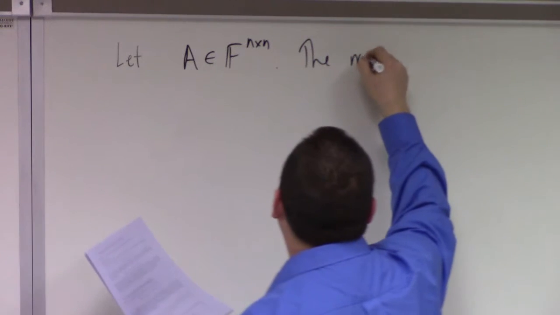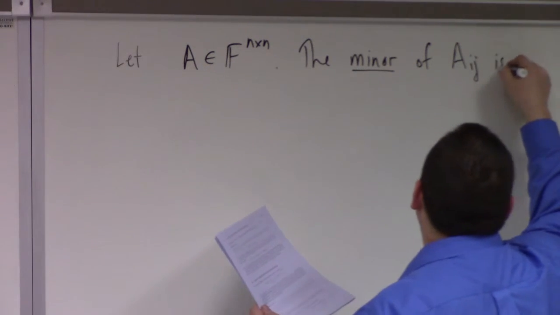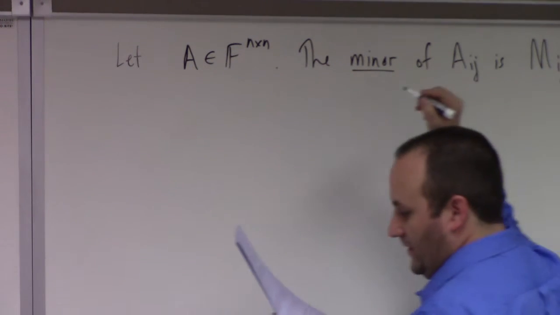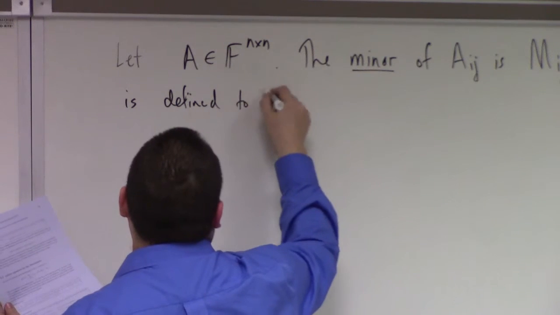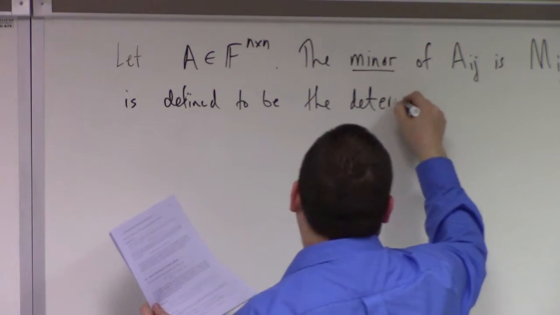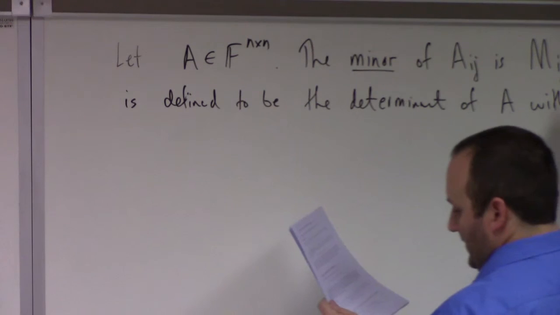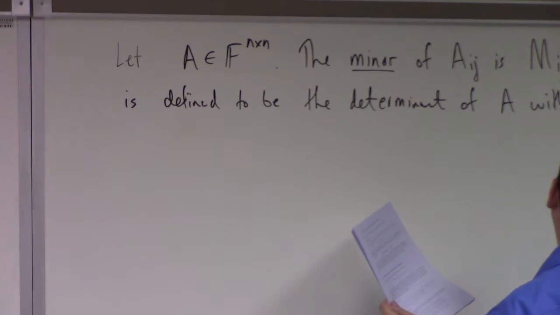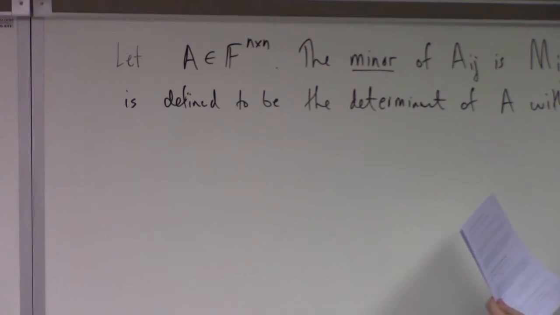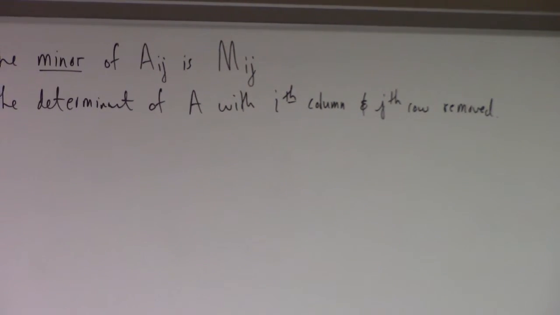The minor of Aij is, let's say, Mij, which is defined to be the determinant of A with the ith column and jth row removed. So, like this right here.